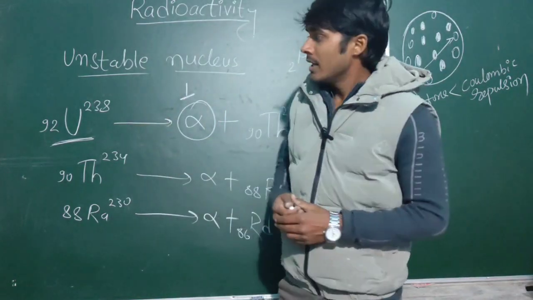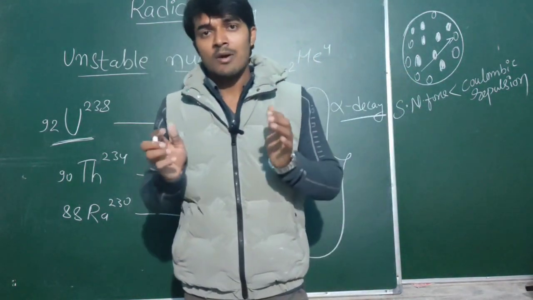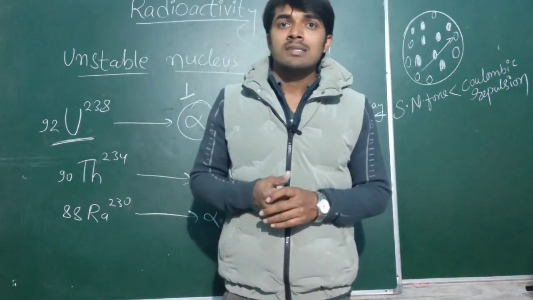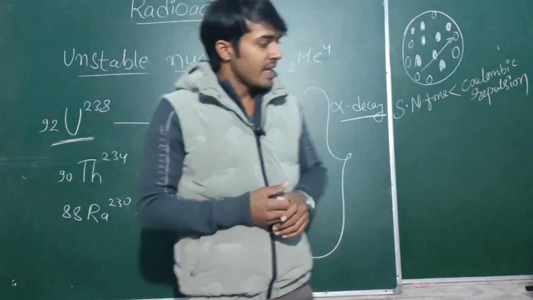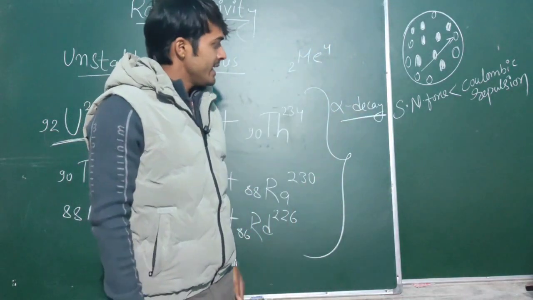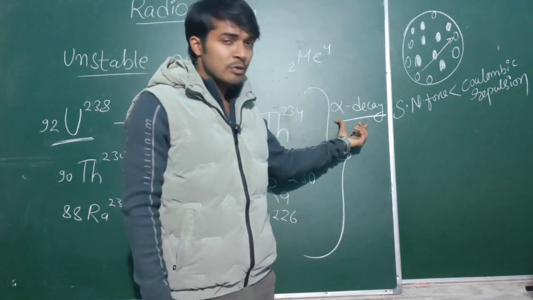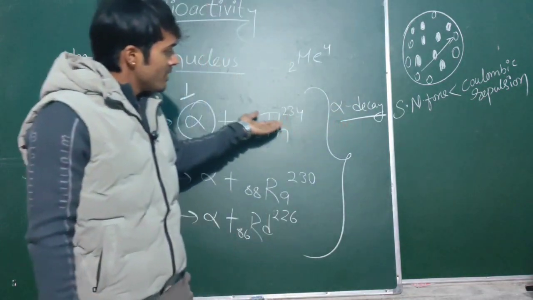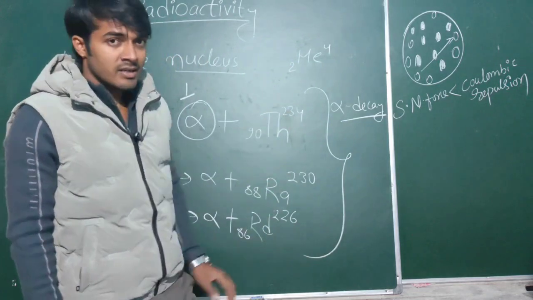So we discussed the instability of the nucleus, how it is size oriented, and on the basis of size a nucleus will emit a helium nucleus, that is an alpha particle, and become more and more stable. Such a process is called alpha decay.